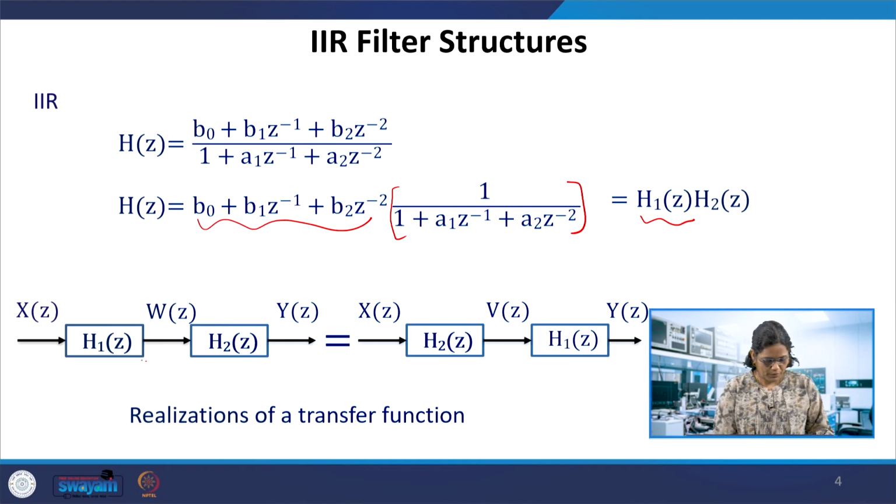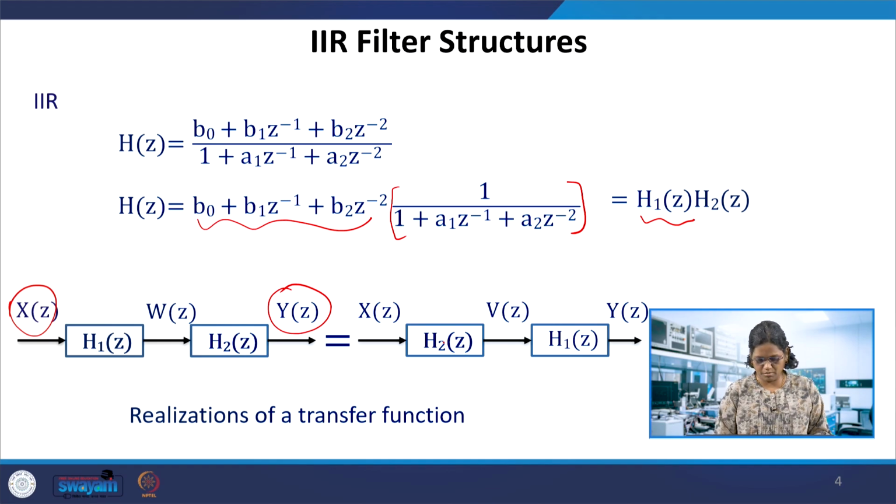Here, if you take H1 and H2, we can consider it in two ways because it's a cascaded form. So H1 of z cascading with H2. X of z is the input to the filter, Y of z is the output, and W of z is the intermediate result of H1, which can also be expressed as H2 into H1 as well. So H2 and then H1.